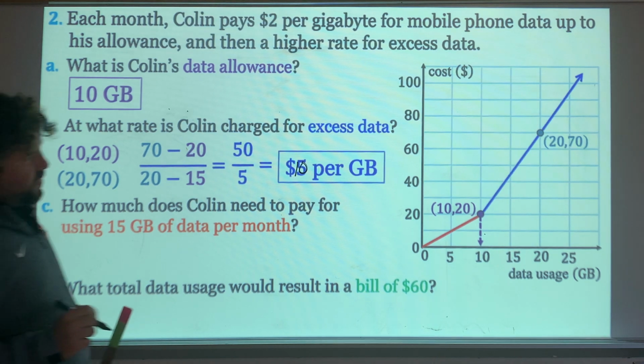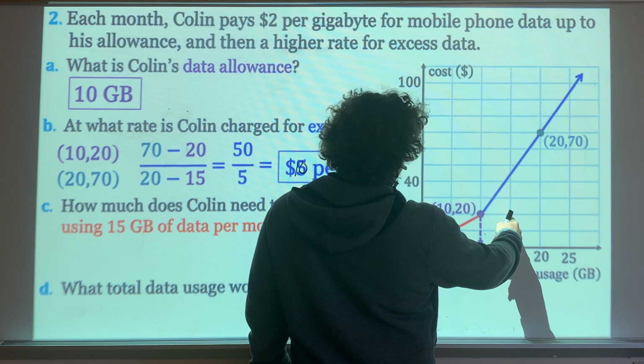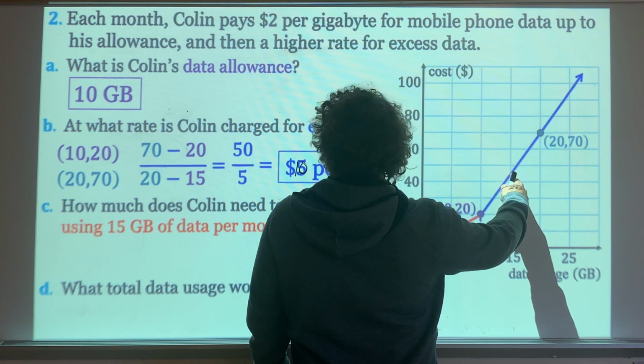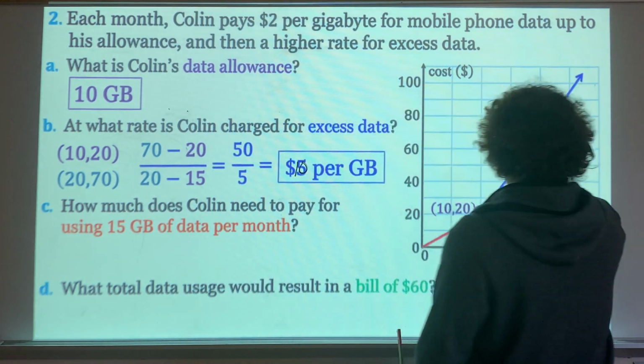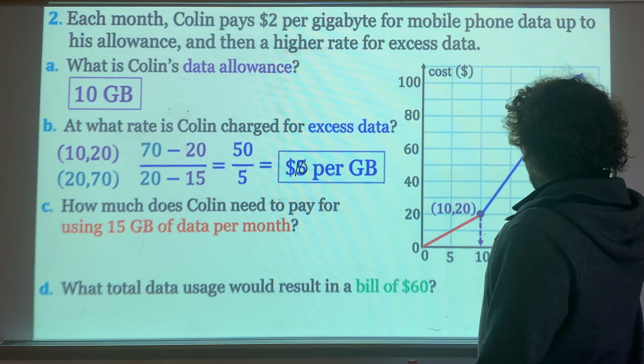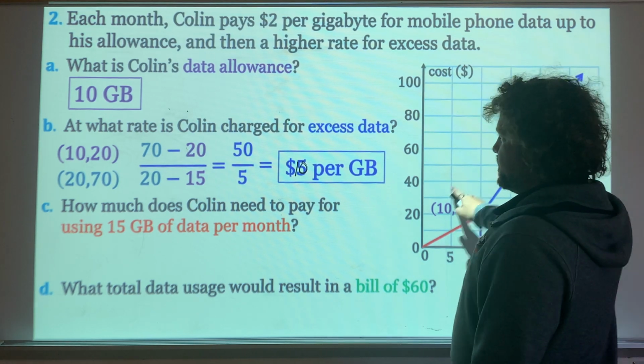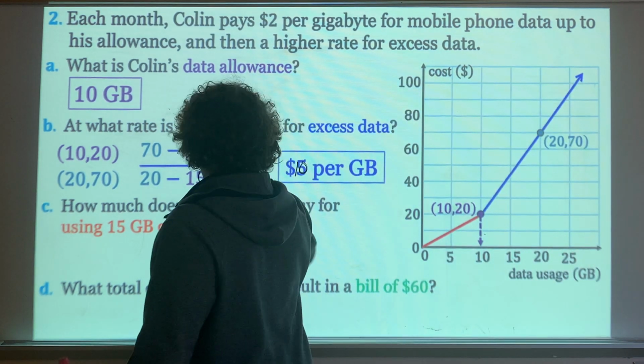So what that means is for every 5 I go over, I should go 50 up. 20. Wait a second. 10, 20. 20, 70. 70 minus 20 is 50. 20 minus 10. Ah, this was 5.